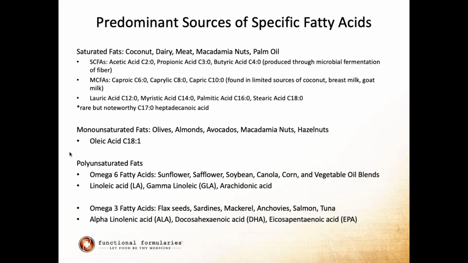Again, about 13% of the omega-6 fats in the average American's body are in the form of arachidonic acid coming from chicken. Poultry is a really rich source of omega-6 fats and of arachidonic acid because, of course, almost all chickens that are raised for human consumption are fed an abundance of grains and legumes and some of the byproducts from those plants, which are very rich in omega-6 fatty acids.